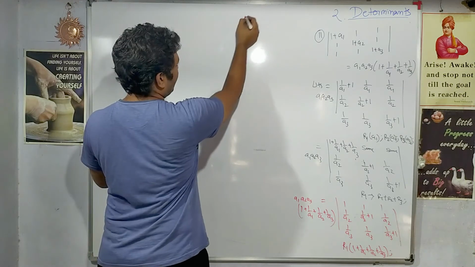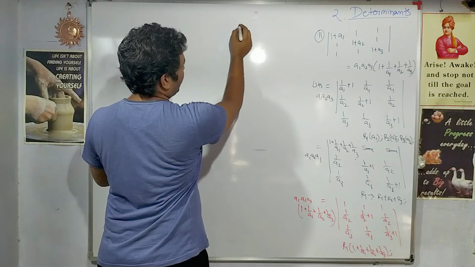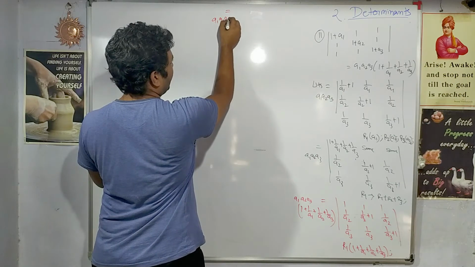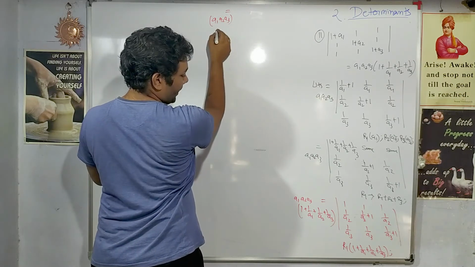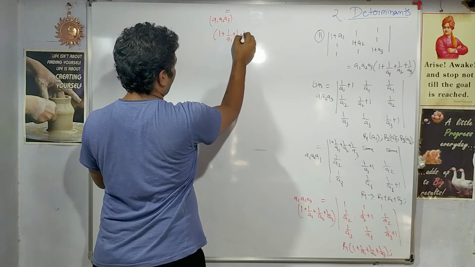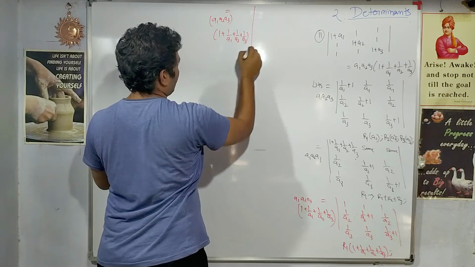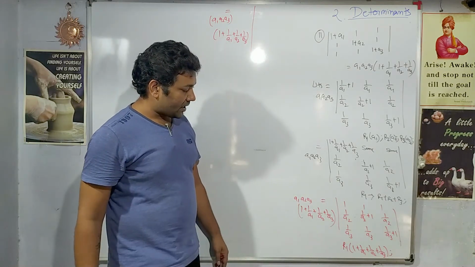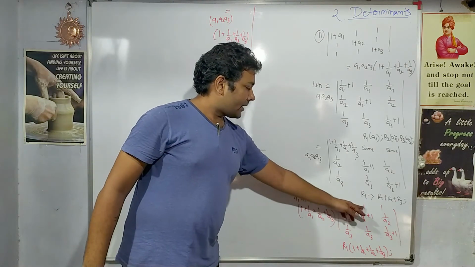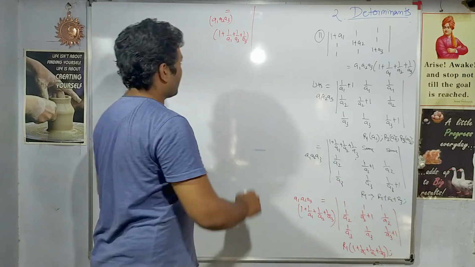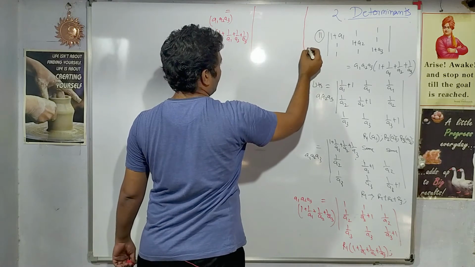So I can write down, I already have a1, a2, a3, and this other bracket also I have. So what operation can I do to get the maximum zeros? I can carry out the subtraction into the first column, subtraction into the second column. So what operation will I do?